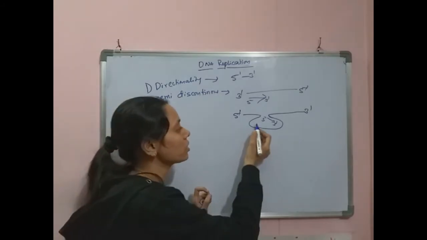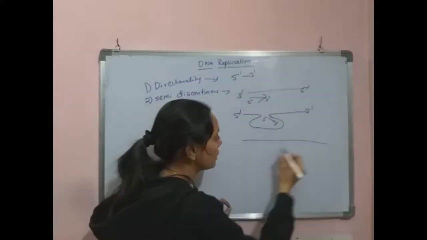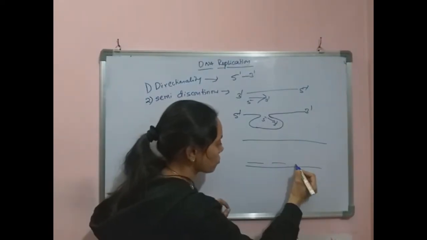So because of the small loops that are formed, the DNA replication from the lagging strand is discontinuous.